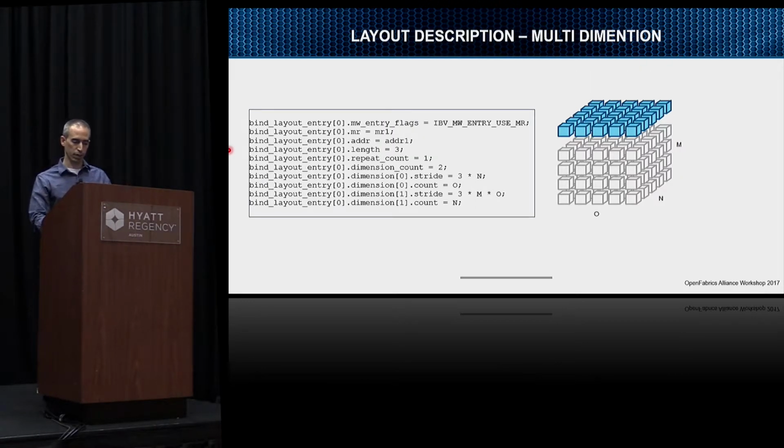Another example is the multi-dimension example. In this example, we can see that if we would like to take this 2-dimensional area from the cube, we look at how this cube is built into the memory.